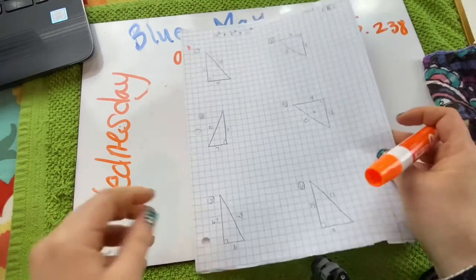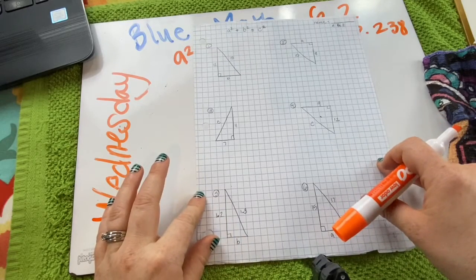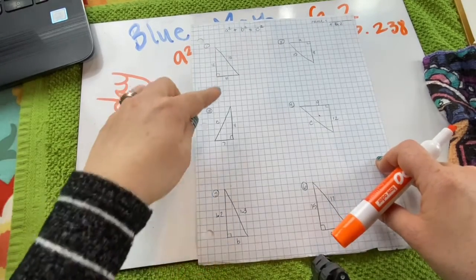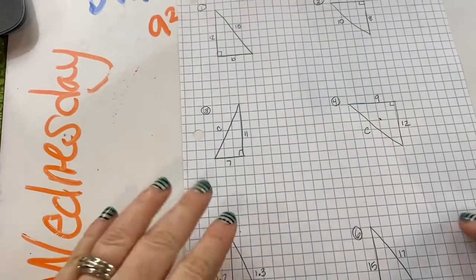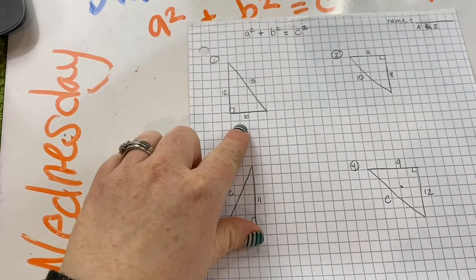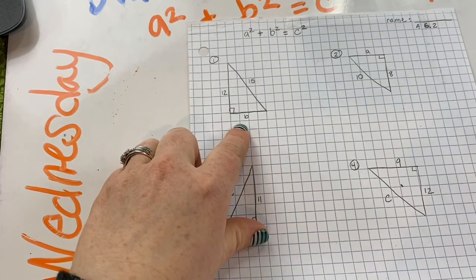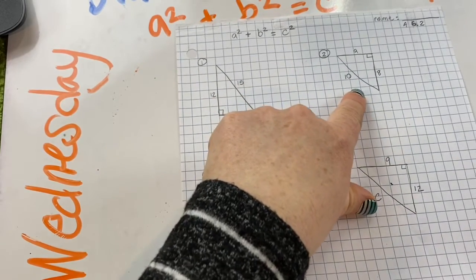I have some for you. So I'm going to leave this on here for a little bit. Pause your movie and write these down. I'll zoom in. So, on number 1, you're writing that one. On number 2, it's this one.